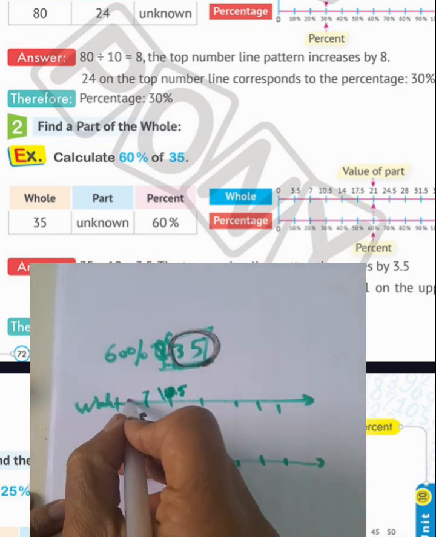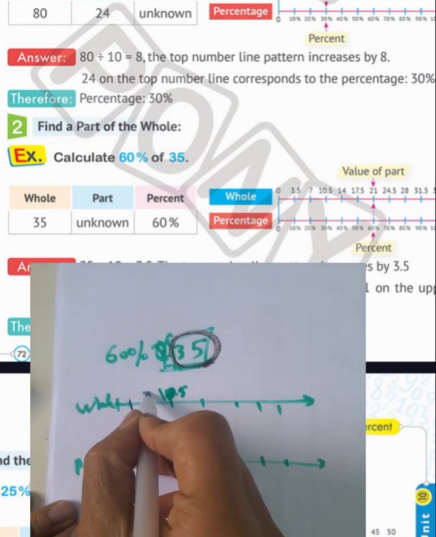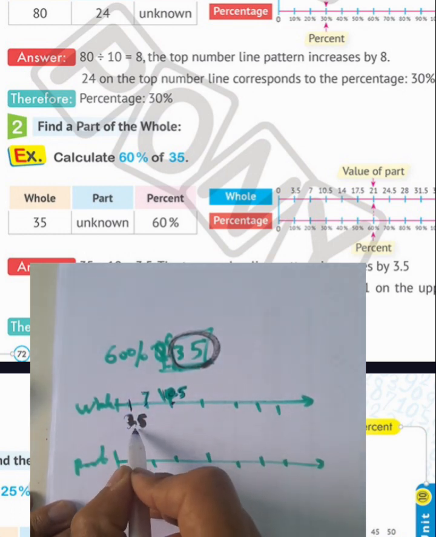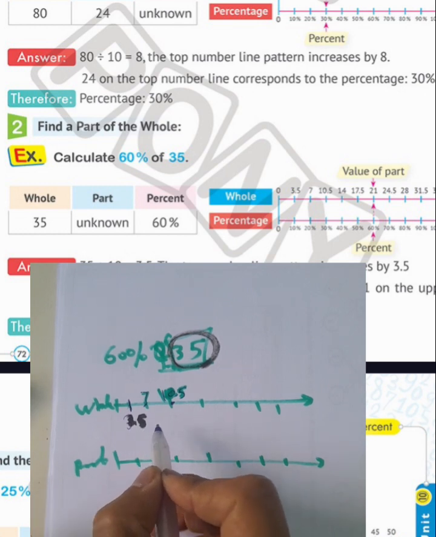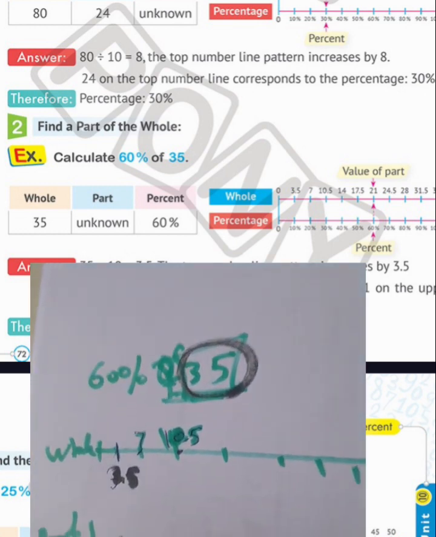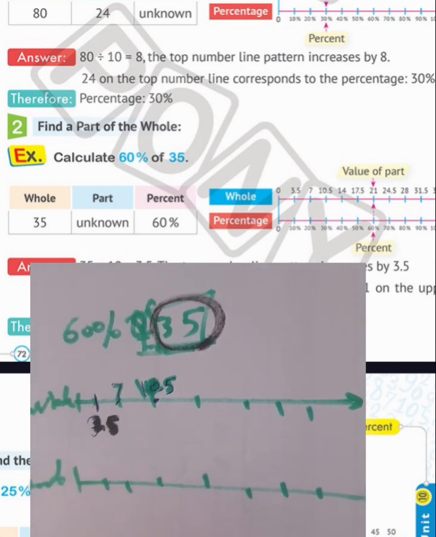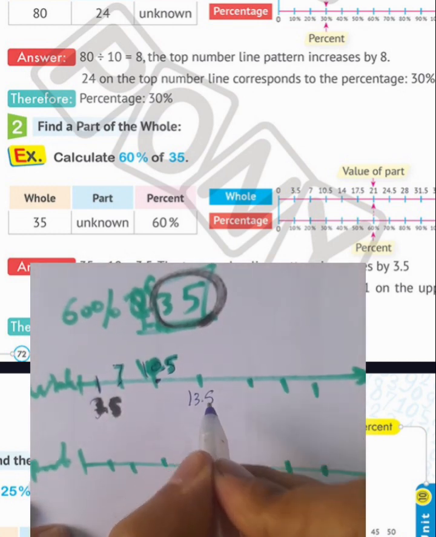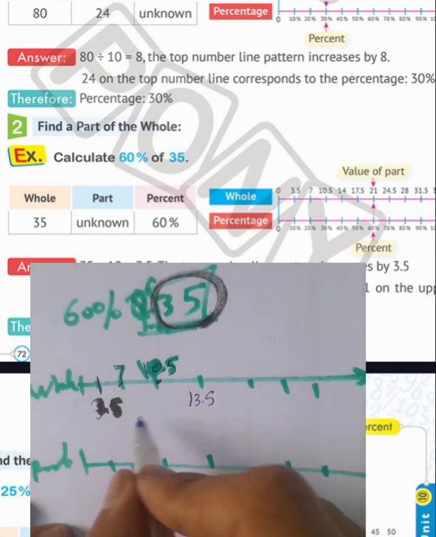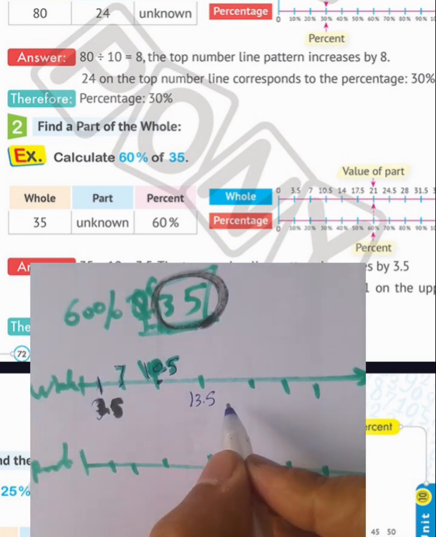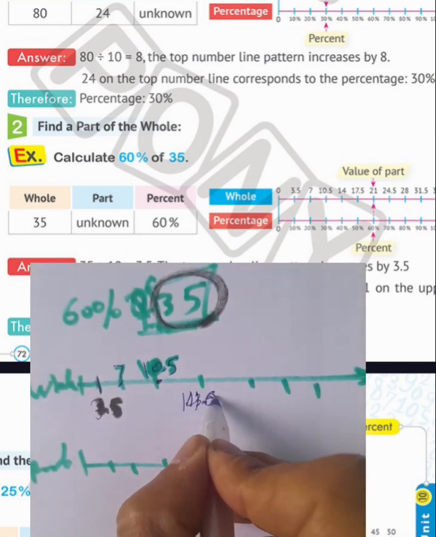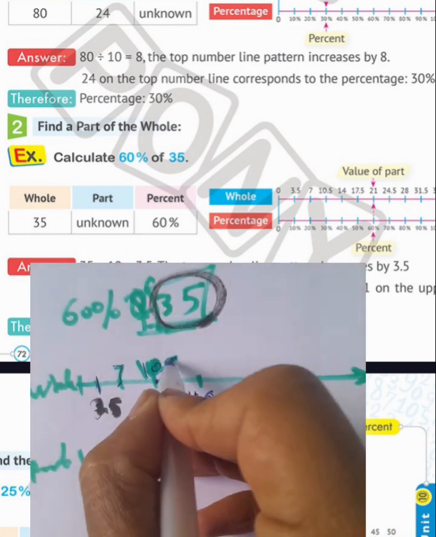Again, we have here 3.5, 7, 10.5, and you must add 3.5 to 10.5, it will be 14. We have 14, okay.